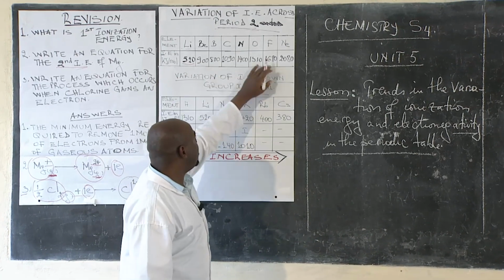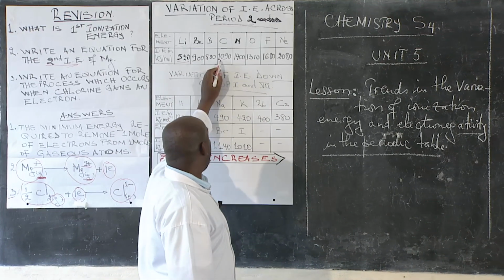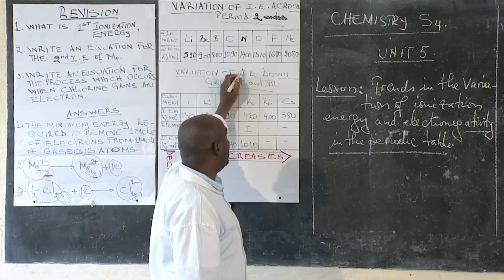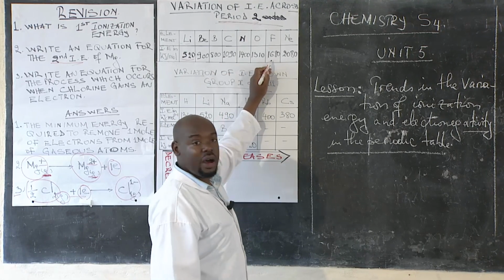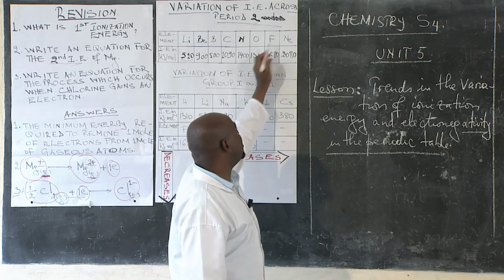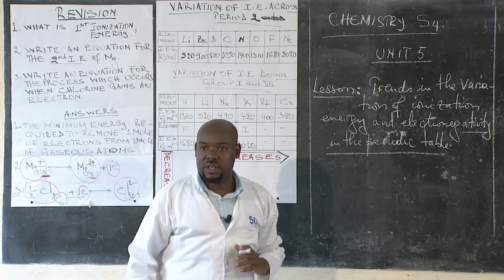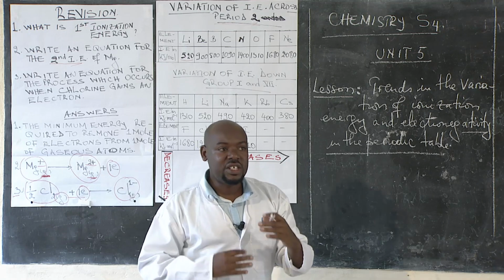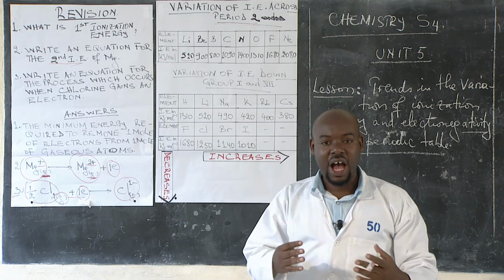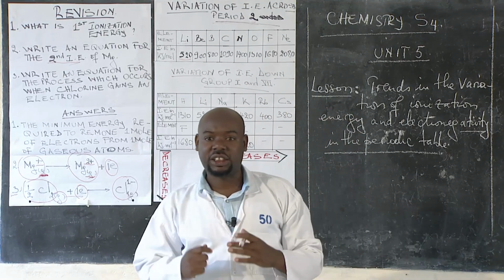As you go on across the period, on carbon, we have 1,090 kilojoule per mole. On fluorine, it is 1,680 kilojoule per mole. And on neon, it's above 2,000. So we can easily see that the values are increasing as we move from one group to the next.